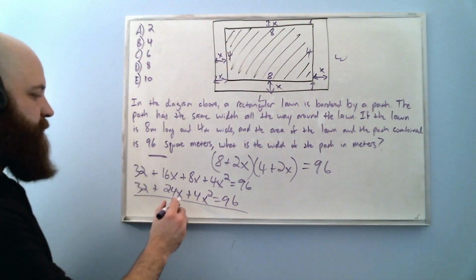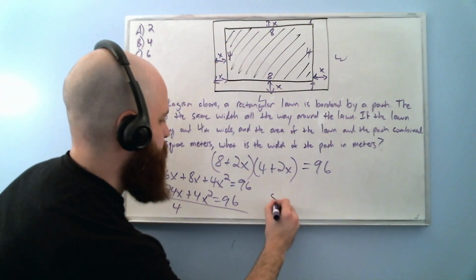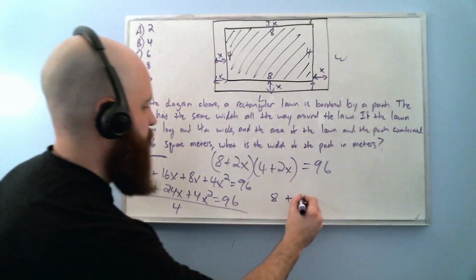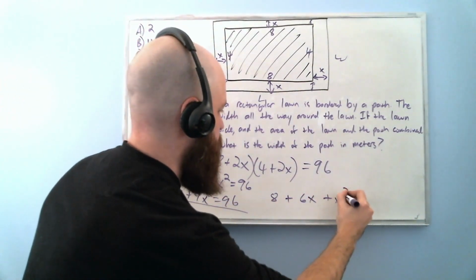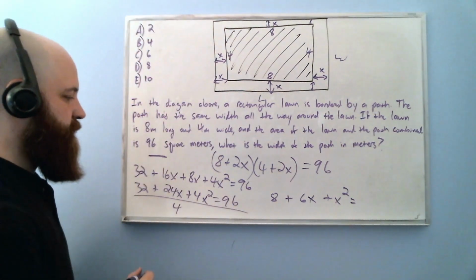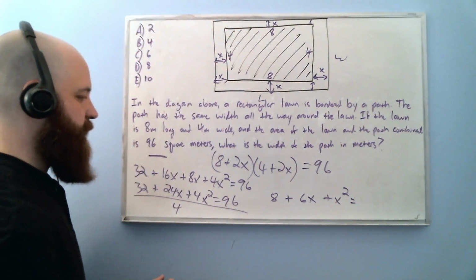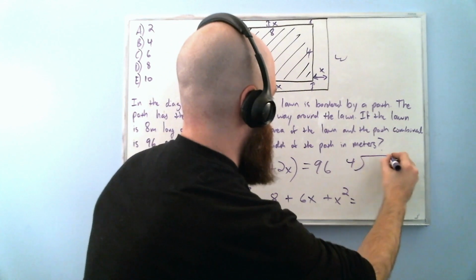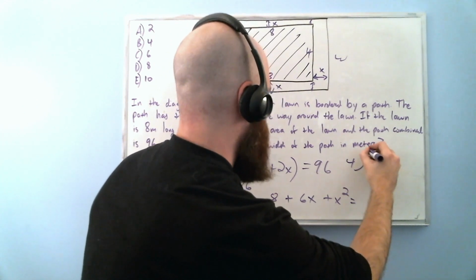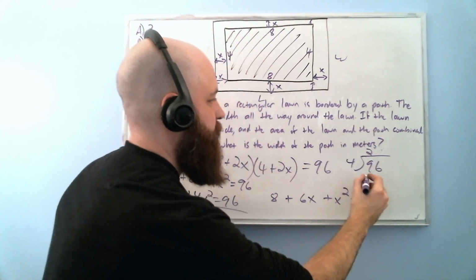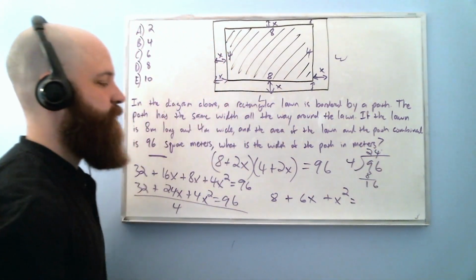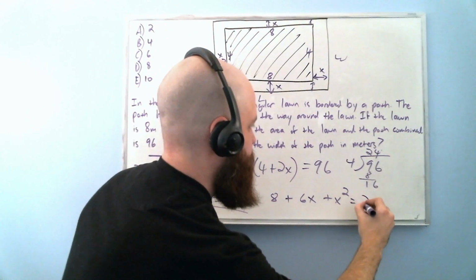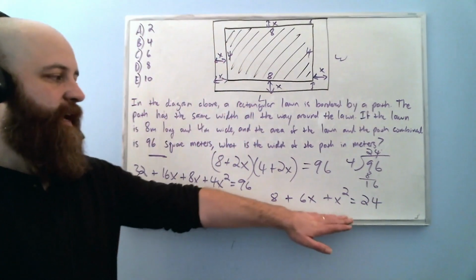Everything here gets divided by 4. So 32 becomes 8, 24x becomes 6x, 4x squared becomes x squared, and 96 divided by 4, I believe that's 24, but let me do a little sanity check with long division. Yeah, 24 times 4 is 96. Little sigh of relief.